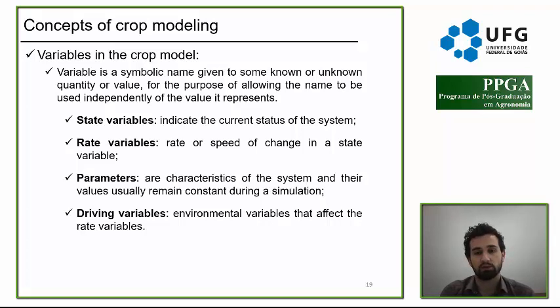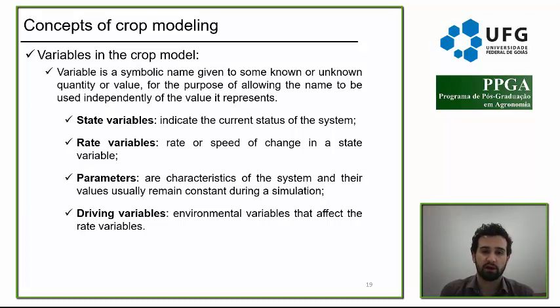The next day, after 1 day of crop growth, the leaf area index will be updated, and this updated value will affect the solar radiation interception the next day. So you need these state variables that are updated every day, or every time step the model simulates, to describe how our system is at that specific moment.